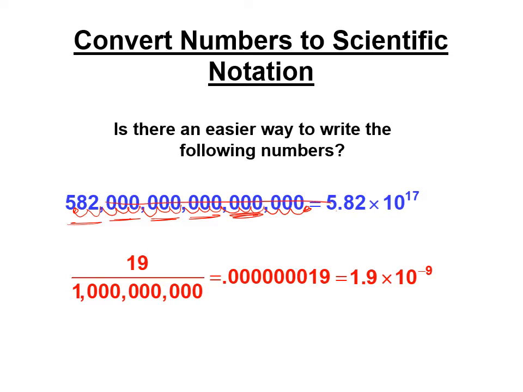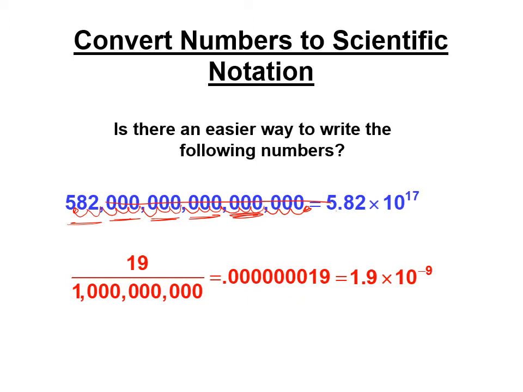What if you had 19 over a billion? That's what that is, 19 billionths. How could you write that? Well, as a decimal, we go tenths, hundredths, thousandths, 10,000ths, 100,000ths, millionths, 10 millionths, 100 millionths. This is the billionths place, and that is 19 billionths. And notice, once again, there are not 9 zeros there.